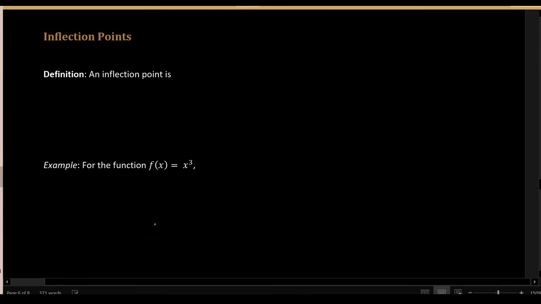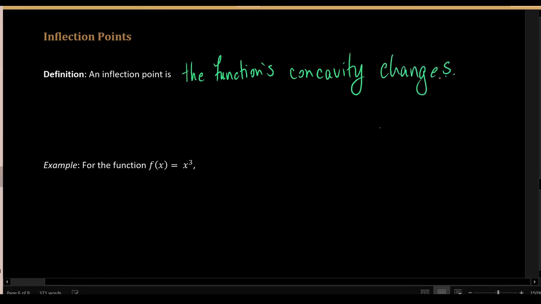Now directly in between concave up and concave down is a point that's interesting enough to have its own name. An inflection point is a location where the function's concavity changes, where the function changes from concave down to concave up, or vice versa.